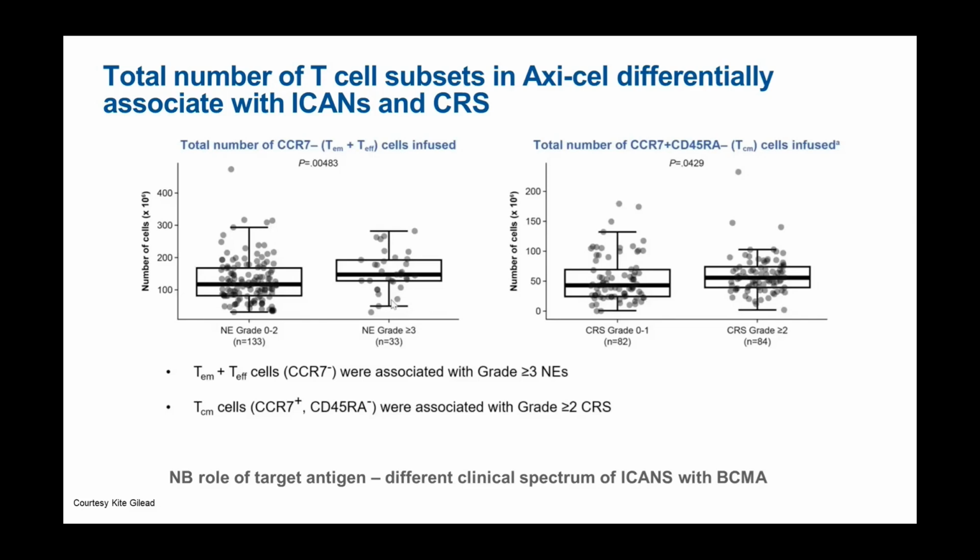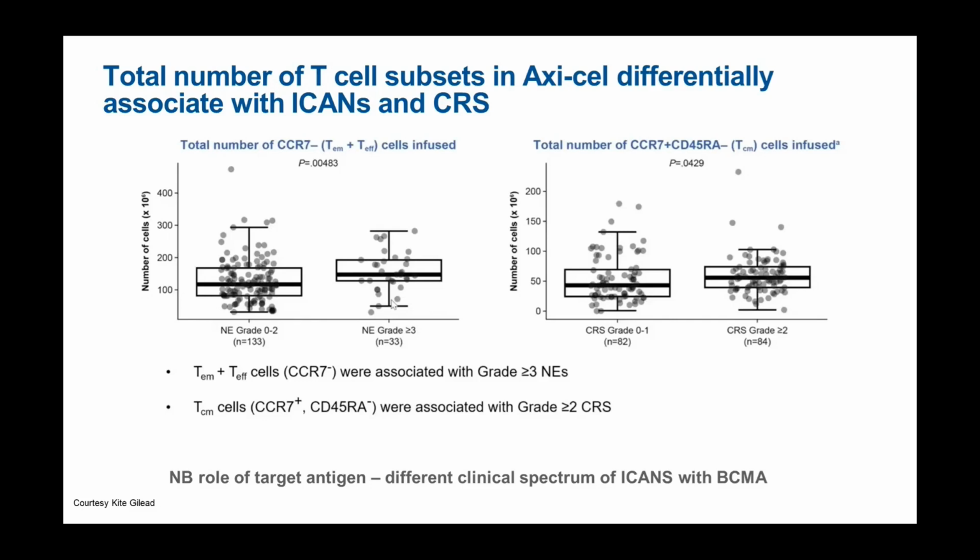And we can see that patients who had grade 3 or more ICANS had a greater number of effector T cells present in the product, and those that had grade 2 or more cytokine release syndrome had a greater number of central memory T cells in the product.